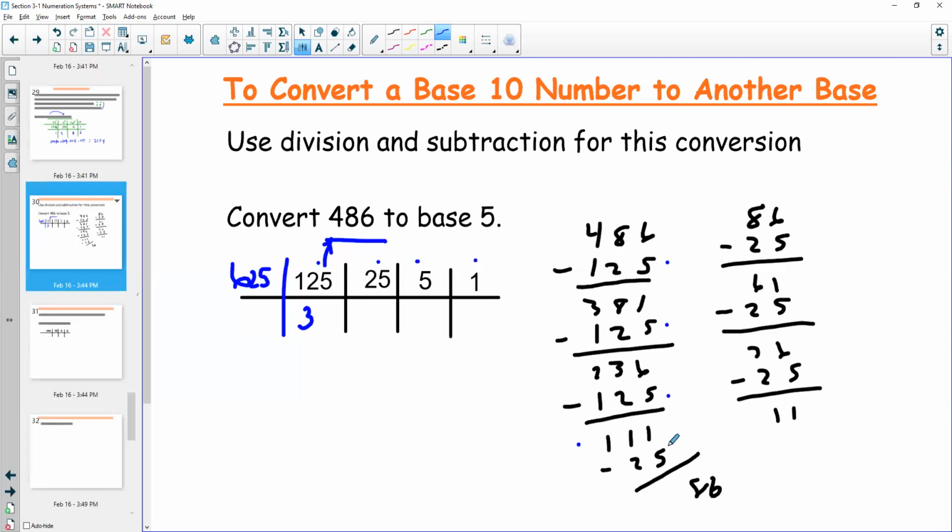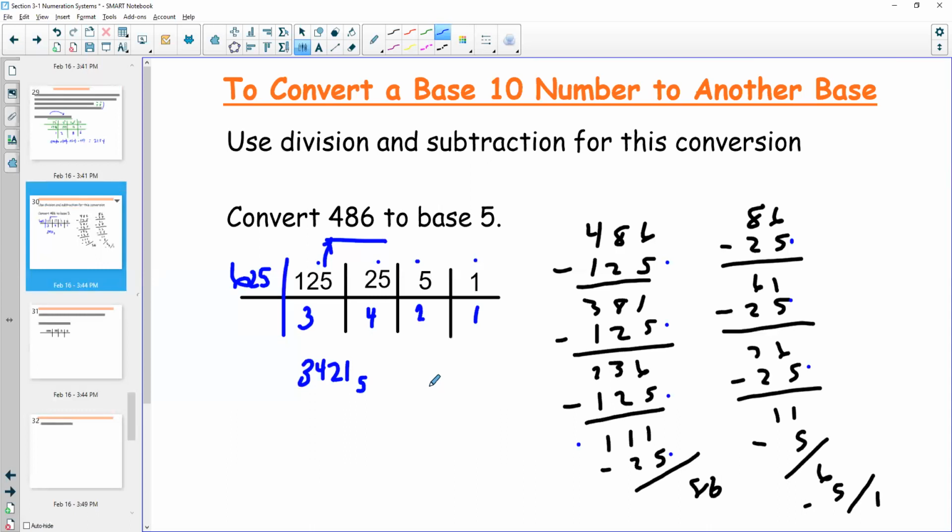But how many did I use? 1, 2, 3, 4. Now I can take out 5s. I can take out 5, and 5 again. So I took out 2 5s. I have 1 left, so I can subtract away 1. So 486 converts to 3,421 in base 5.